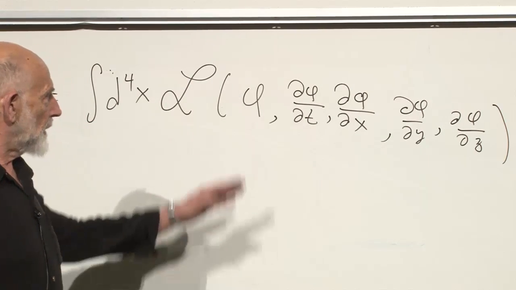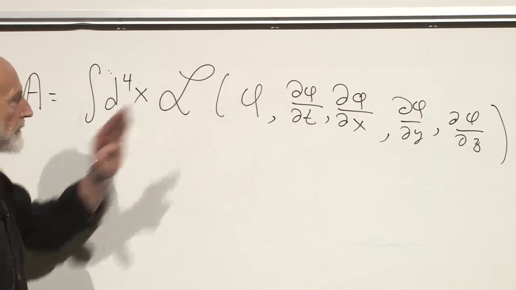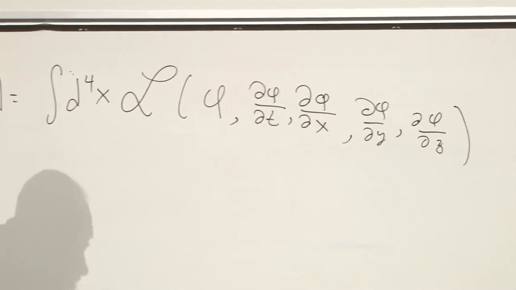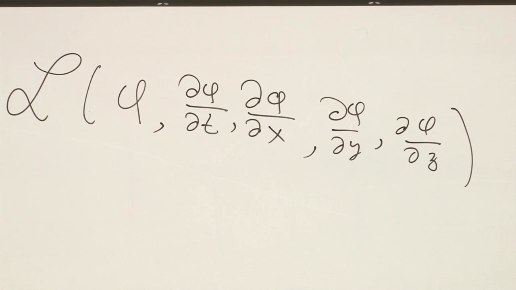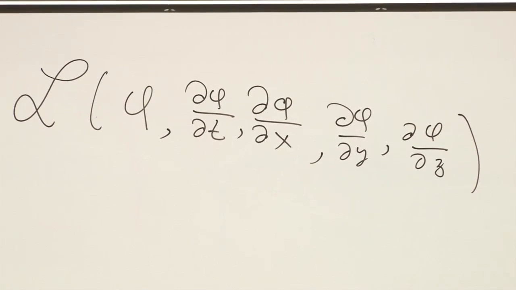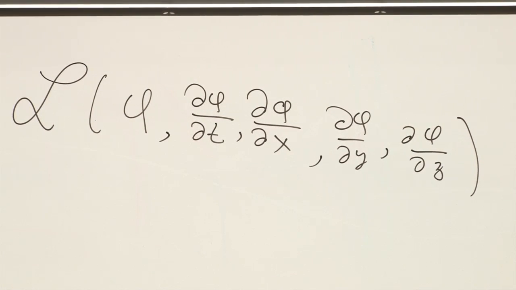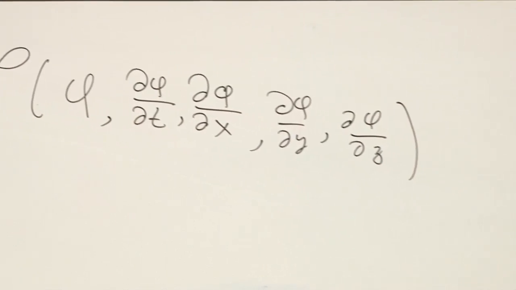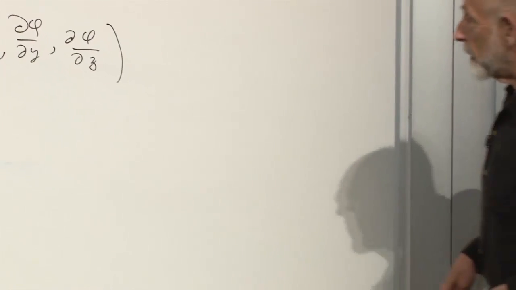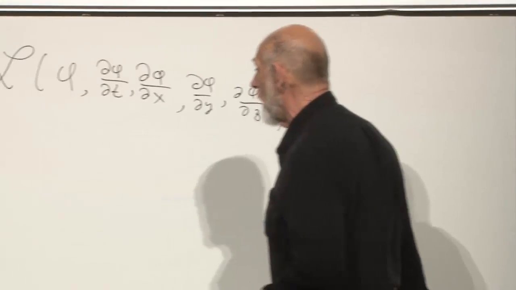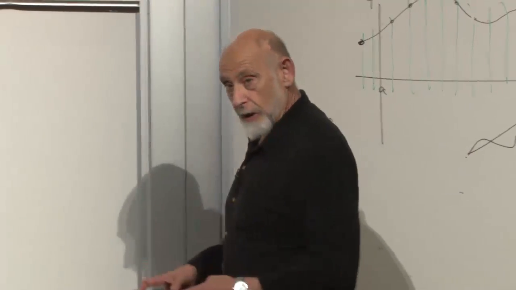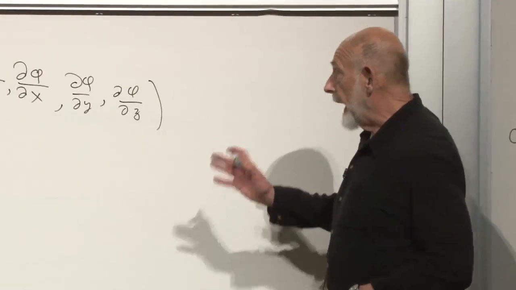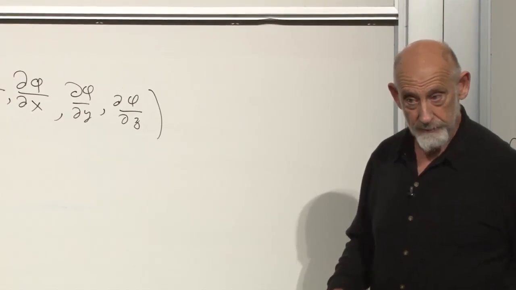The Lagrangian is a function of the fields phi. There may be more than one field, incidentally, just as a particle may have more than one coordinate locating its position. It might be x, y, z, and so forth. There may be more than one field, but for the moment, let's just concentrate on a problem with one field called phi. Then the Lagrangian depends on the field and its various derivatives.